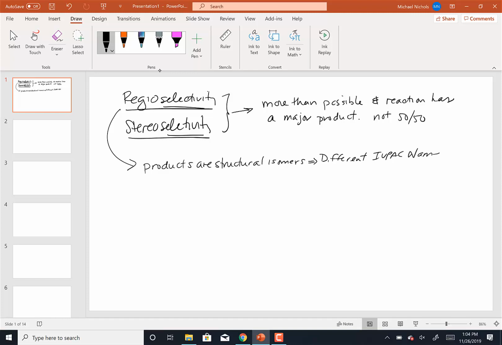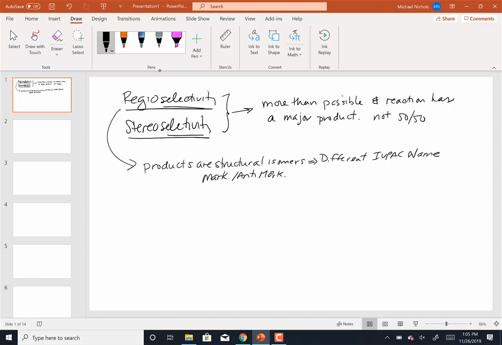The way we're going to get those two products is from the reaction being Markovnikov and anti-Markovnikov. That Markovnikov versus anti-Markovnikov addition leads to the regioselectivity of the reaction. When we're talking about 100% cis, trans, or 50-50, that's going to lead to stereoselectivity.